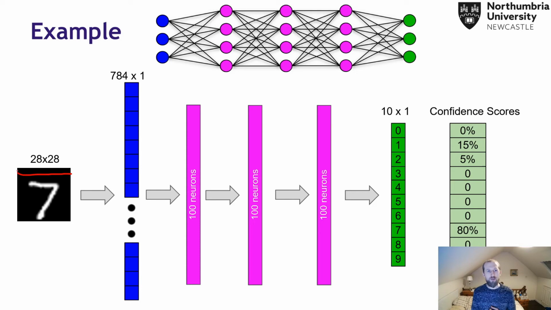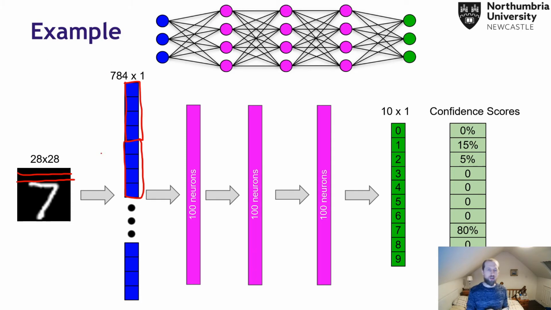It's just that the first row of this matrix, which is again a vector of numbers, you can think of each row as its own vector. So this vector is going to become the first part of our input vector, and then the second row is going to be the next part of our input vector, which means that we transform this 28 by 28 matrix into a 784 by 1 vector.